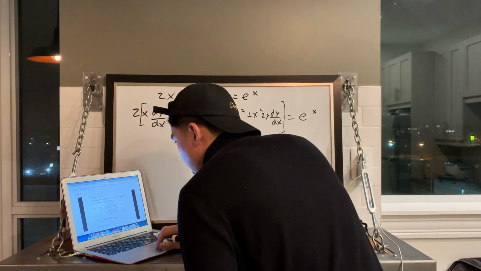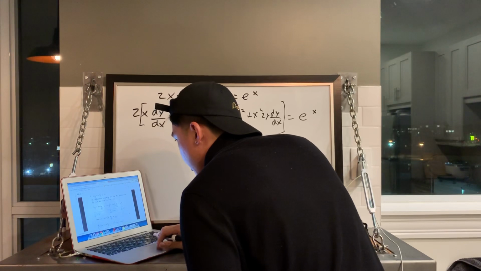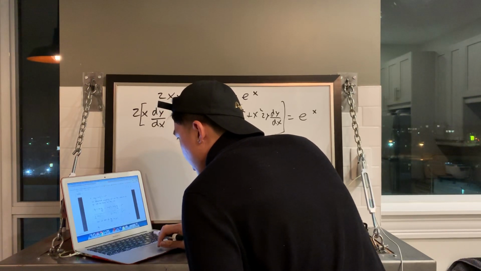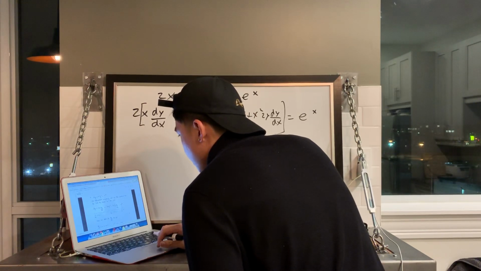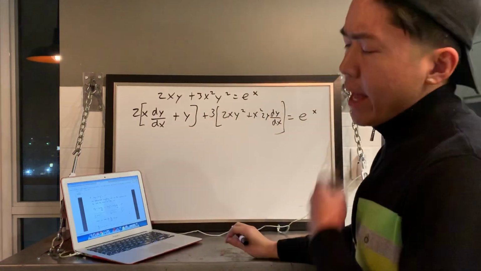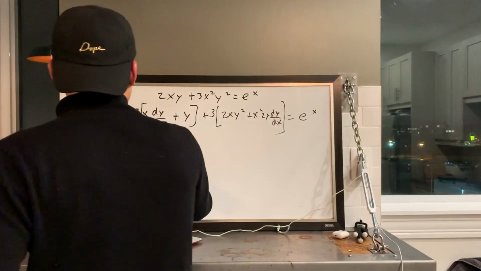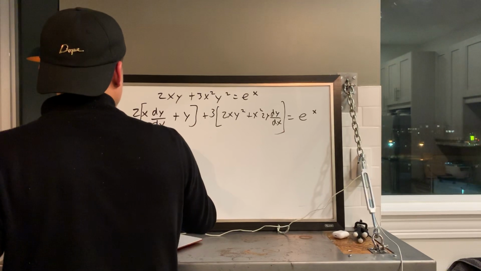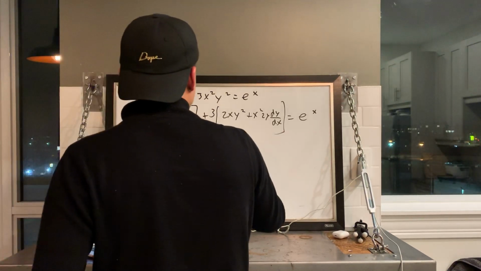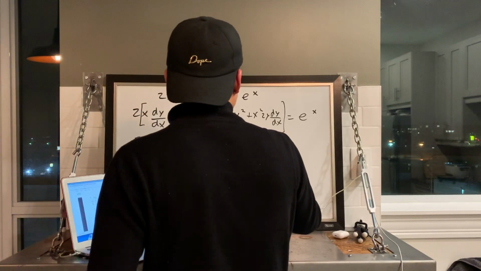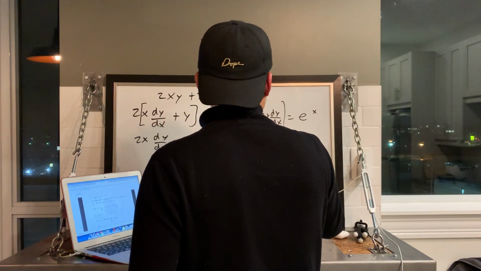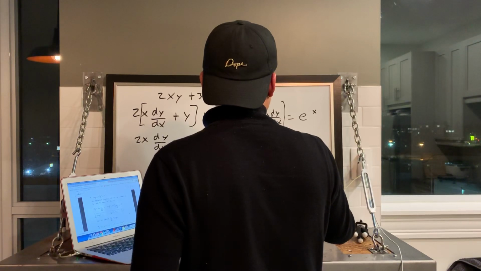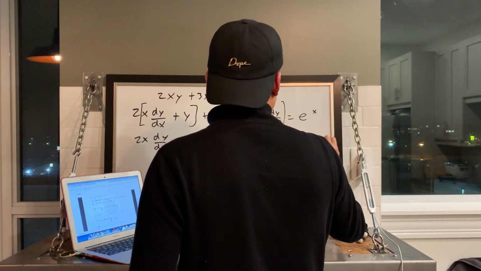So then I'd distribute this back in, so I'd get 2x dy dx plus 2y plus 6xy squared plus 6x squared y dy dx equals e to the x, essentially.